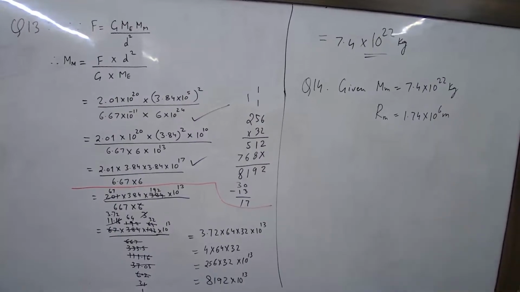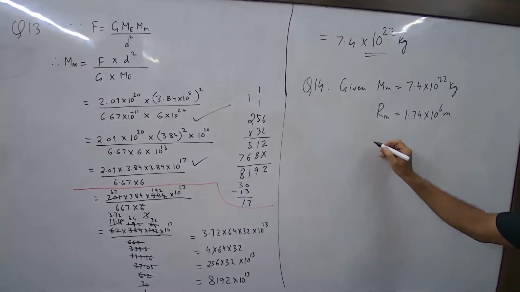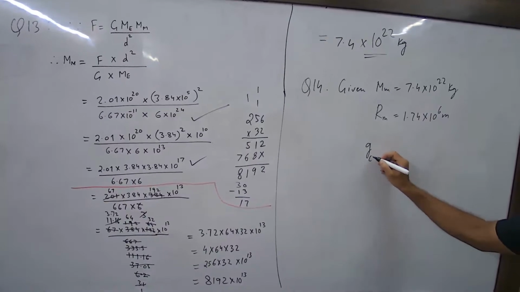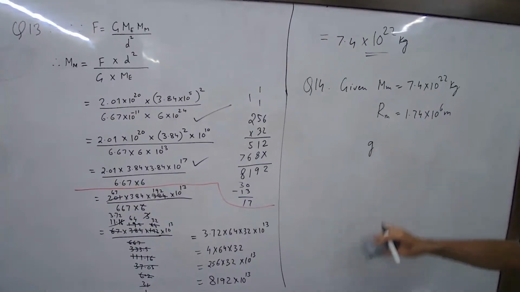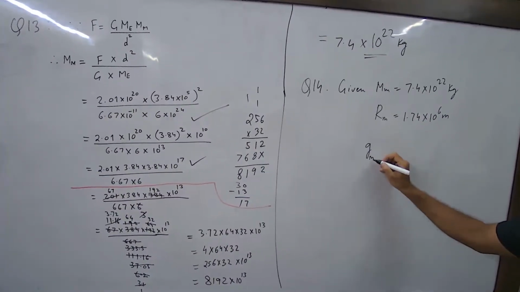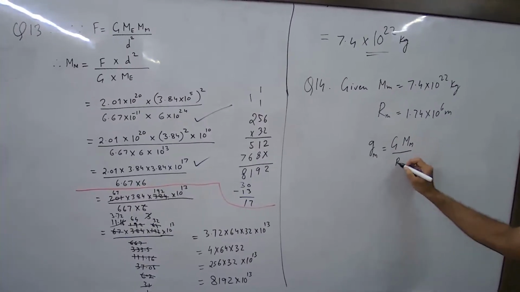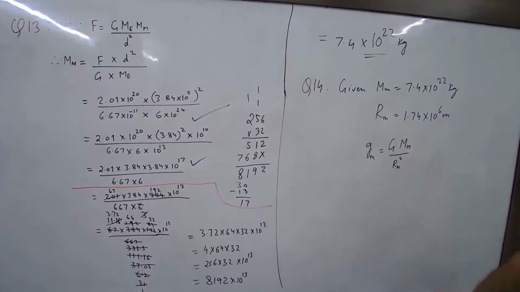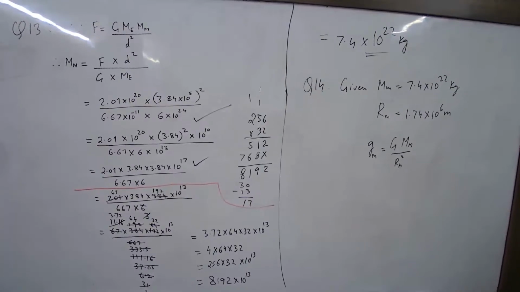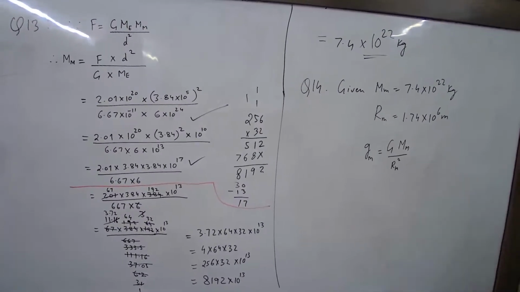This is given. Find the value of g on moon. So what is the relation between g and capital G? That you write down. This you should remember: g equals GM upon R square.